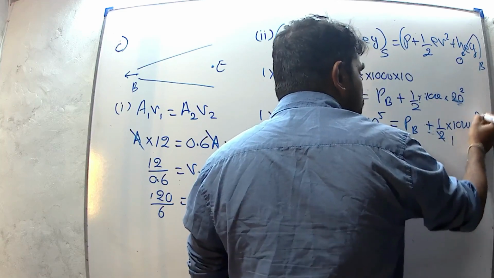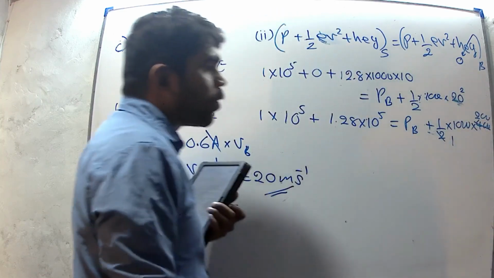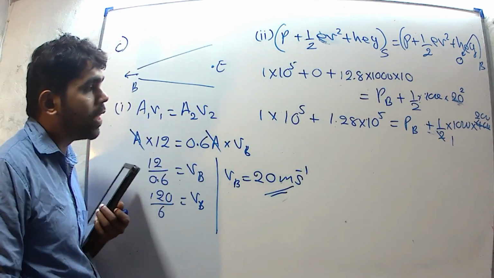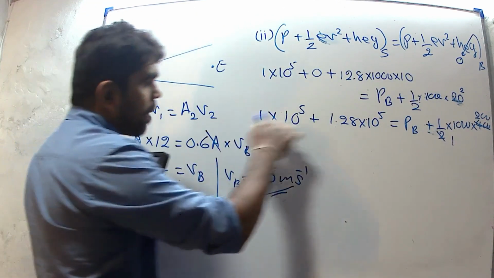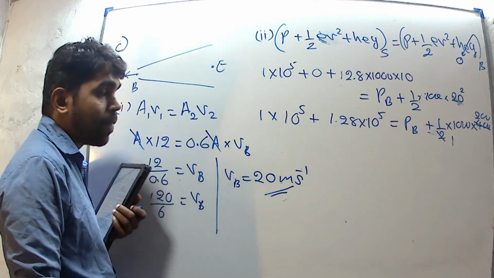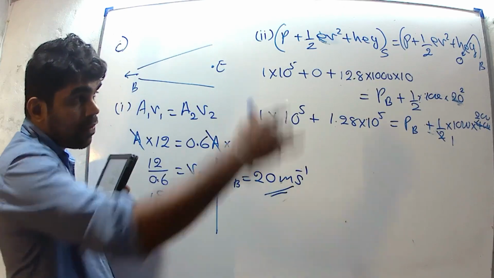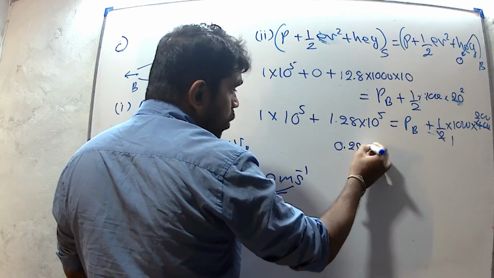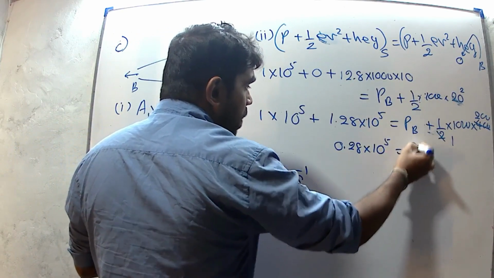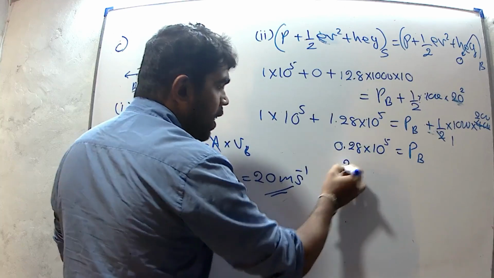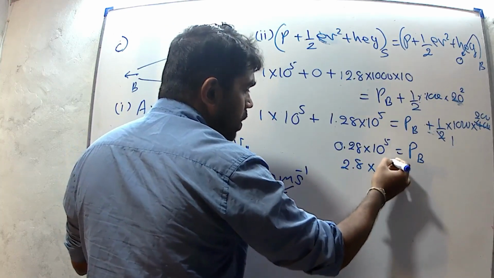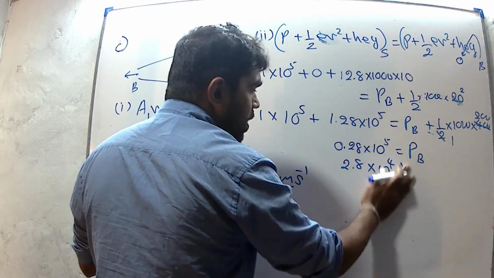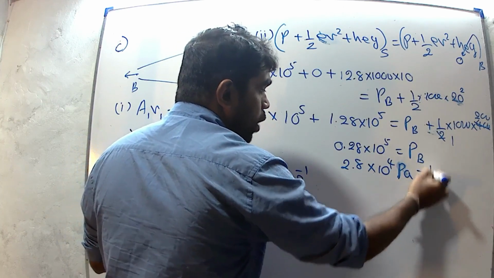Divide by 2, 1, 200. 2 into 10 to the power 5, we can bring it to the left hand side. 1 plus 1.28, 2.28. We have to subtract 2. Then 0.28 into 10 to the power 5. It is the pressure at B. We can write it as 2.8 into 10 to the power 4 Pascal or Newton per square meter.